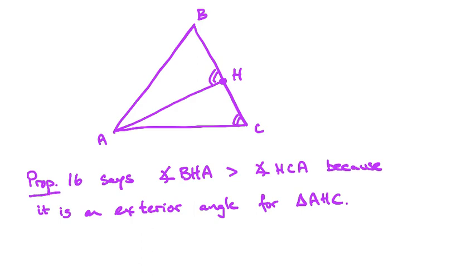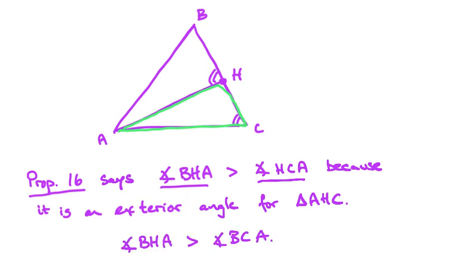But now proposition 16 says that because angle BHA is an exterior angle for our triangle AHC, angle BHA has to be bigger than either one of the opposite interior angles for our triangle. And so in particular, BHA is greater than angle HCA, which is the same as angle BCA.